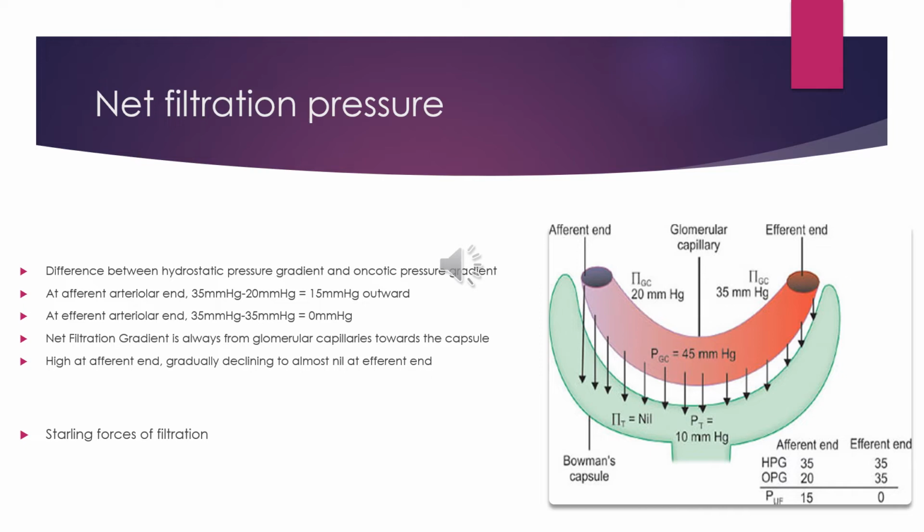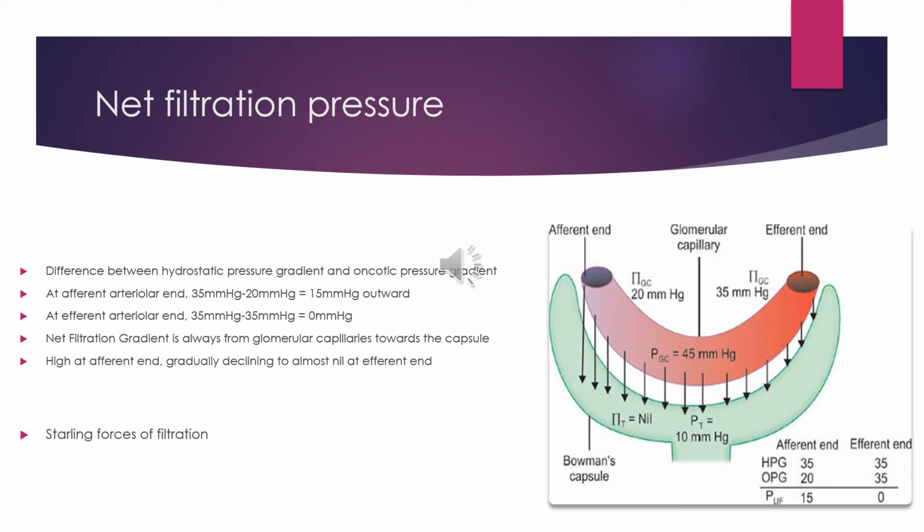So if we look at the afferent arteriolar end, it is about 15 millimeters of mercury, that is outwards. That is from the glomerular capillaries into the Bowman's capsule. So at the afferent arteriolar end, the net filtration pressure is outwards towards the capsule, which is about 15 millimeters of mercury.